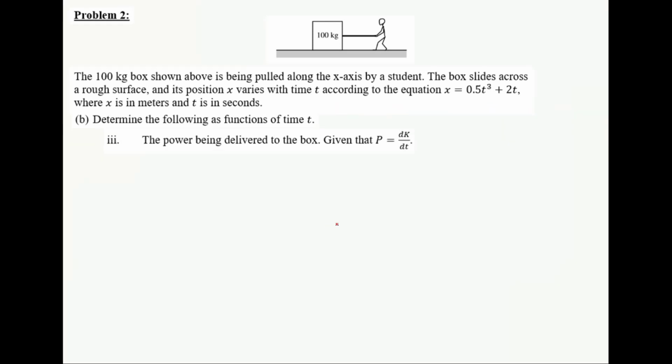So idea number 3, the power being delivered to the box, given that the power is the derivative of the kinetic energy with respect to time. The kinetic energy was given by 50 multiplied by 1.5 t square plus 2 to the power of 2. So the power in this case is given by d by dt of this expression, which is 50 into 1.5 t square plus 2, all of that to the power of 2.